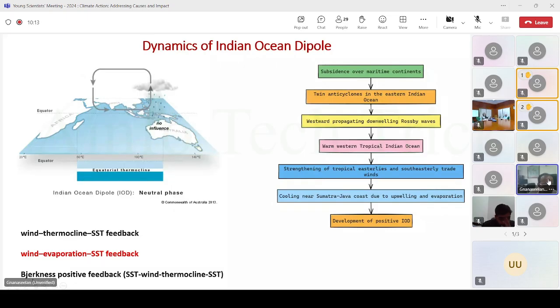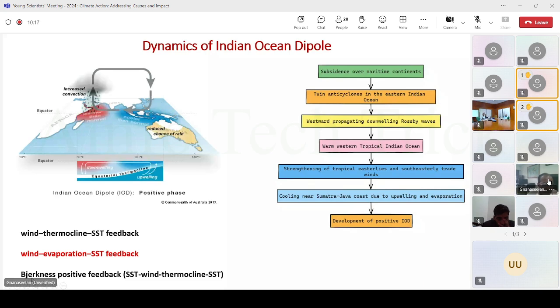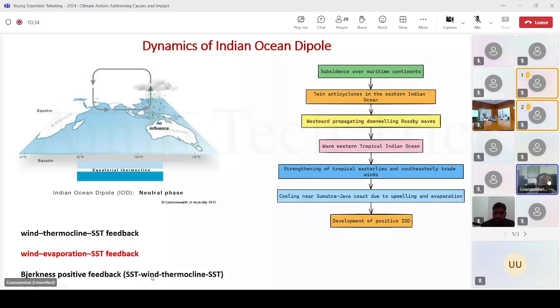Another one is the Bjerknes positive feedback, which is essentially driving El Nino, for example. This is the positive feedback between SST, wind, and thermocline: the SST gradient drives wind, the wind can change the thermocline, and the thermocline then affects the SST.